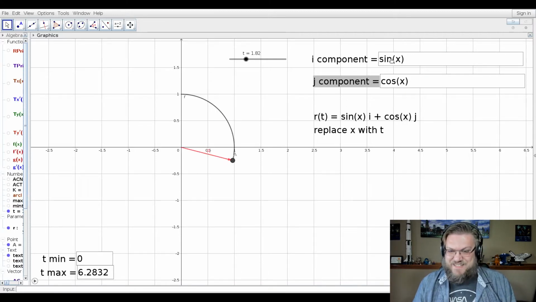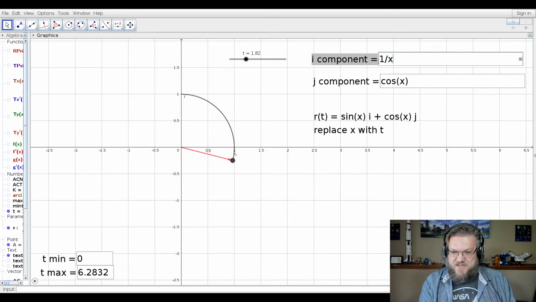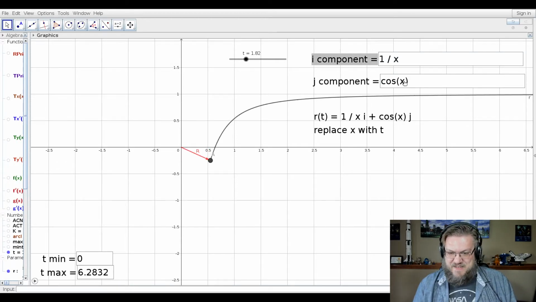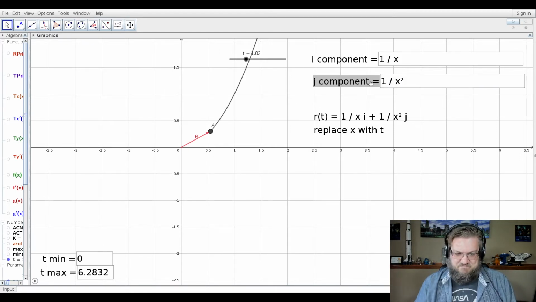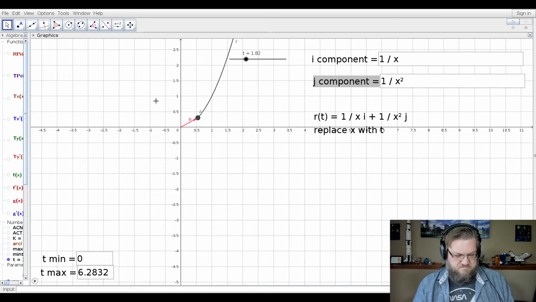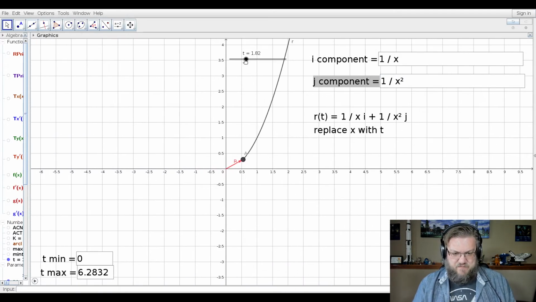Okay, we're back to that. So now, let me do just 1 over x and see if that's an issue. And then maybe 1 over x squared or something like that. Okay, that should work. So let's go ahead and put this in motion.